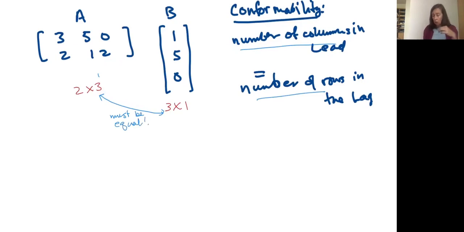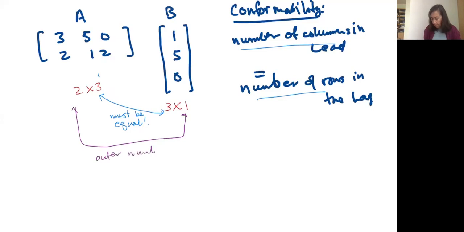If you write the dimensions correctly of the lead and the lag, and those inner 2 numbers are not the same, you can't do the multiplication, so you've got to figure something else out. But the other thing you get that is also cool is, what do you get from the outer numbers?